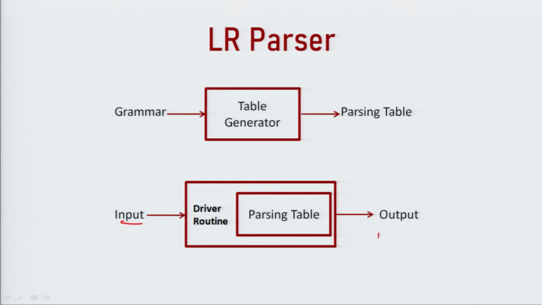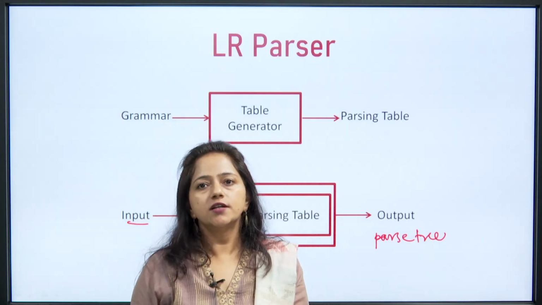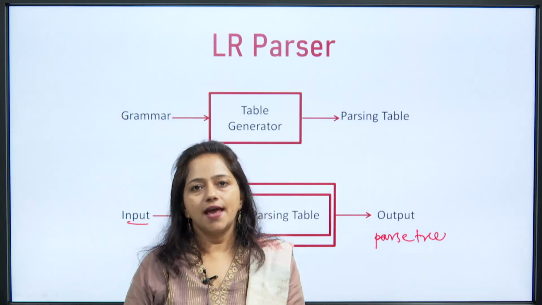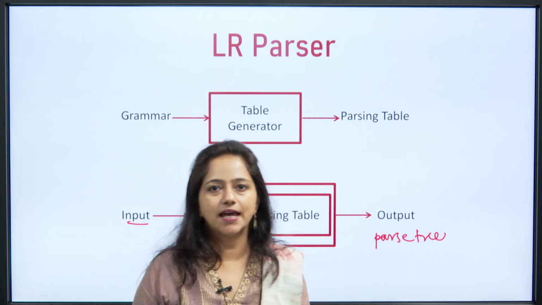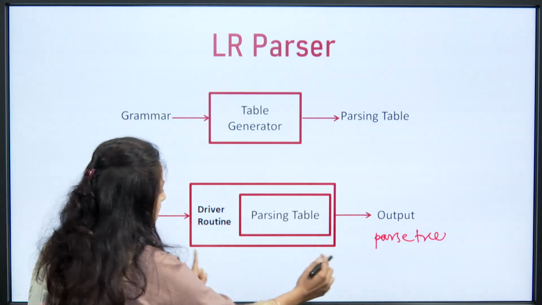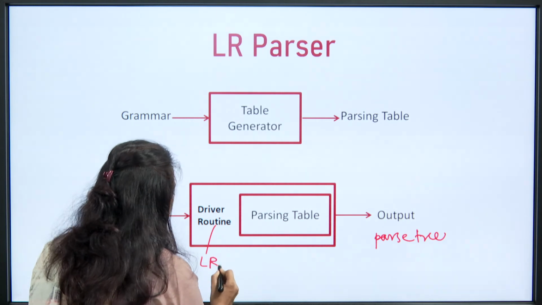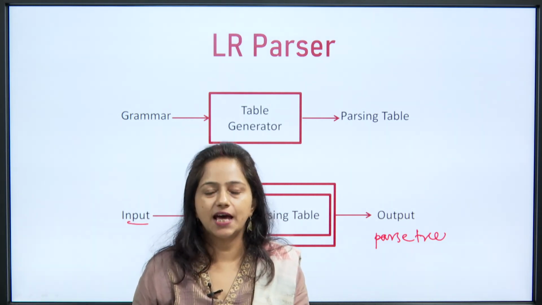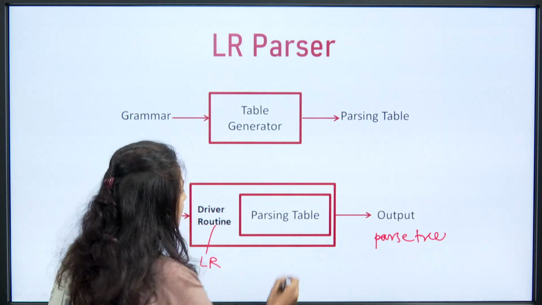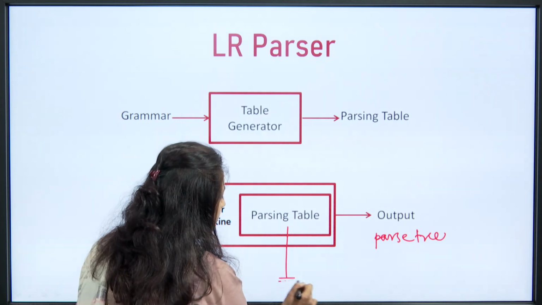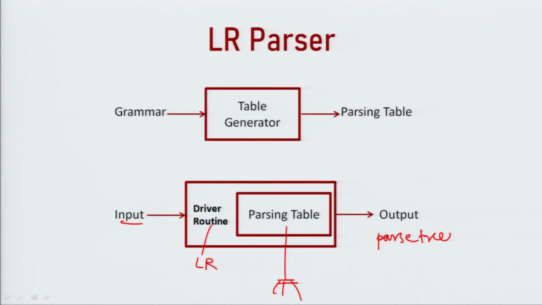Here, for our convenience, as output we will generate the parse tree, but in practice we do not generate the parse tree explicitly; rather, the front end does some semantic translations directly. This LR program is the same for all types of LR parser, whether it is simple LR, canonical LR or LALR, but the difference lies in the parsing table. The table will be different for all three parsers, but the driver routine will remain the same.